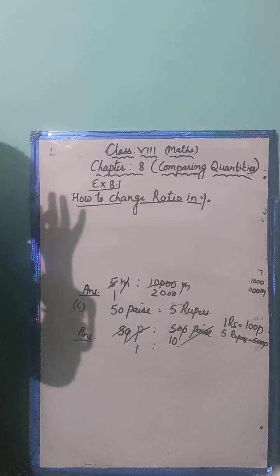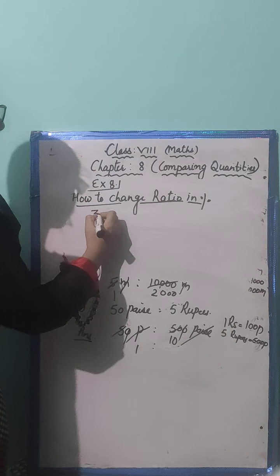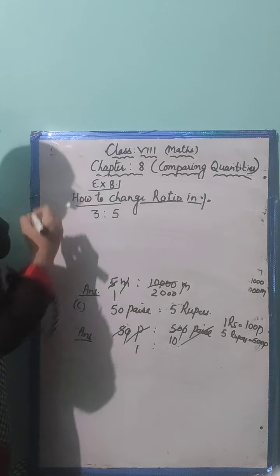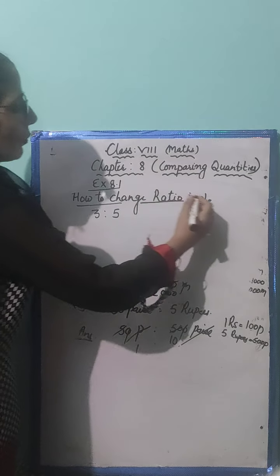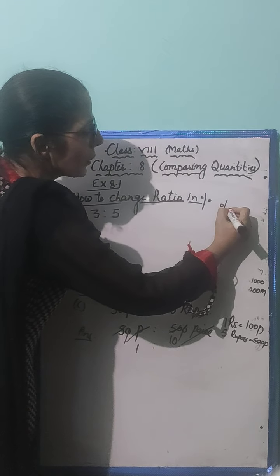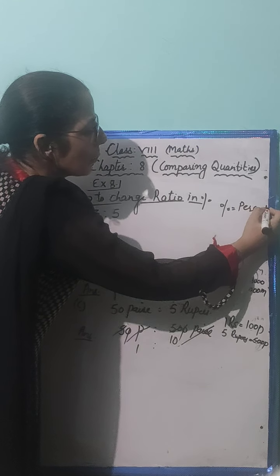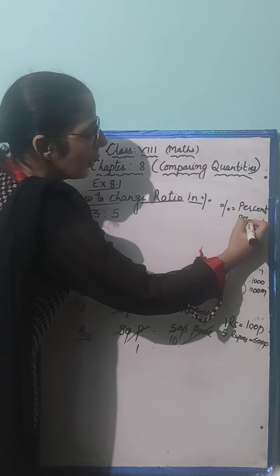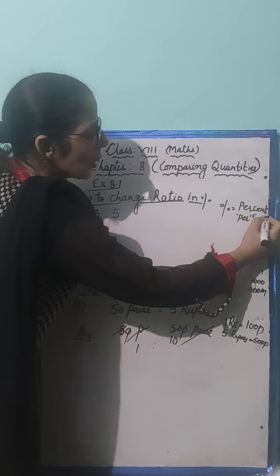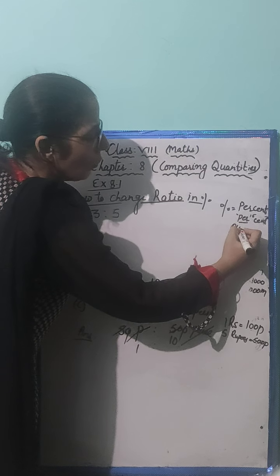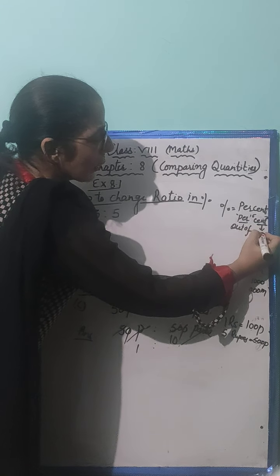See, whenever anything is given in ratio, for example 3:5, then I want to change it into percent. Do you know what is the meaning of the word percent? Percent means per cent. Per means out of, cent means 100.